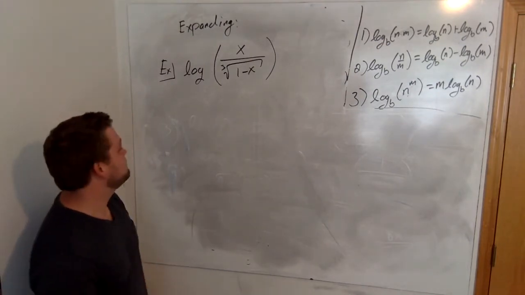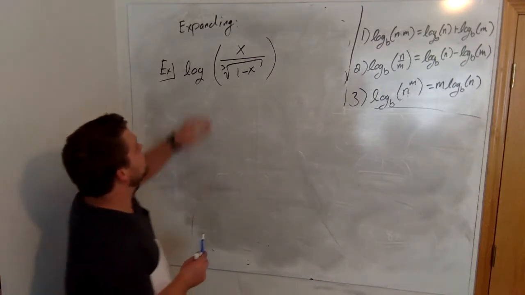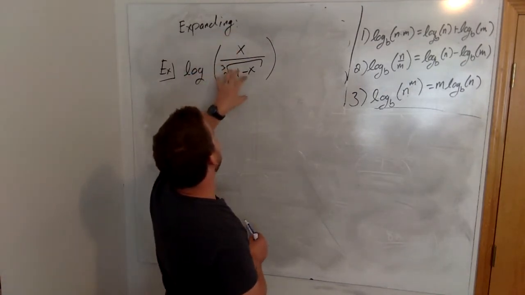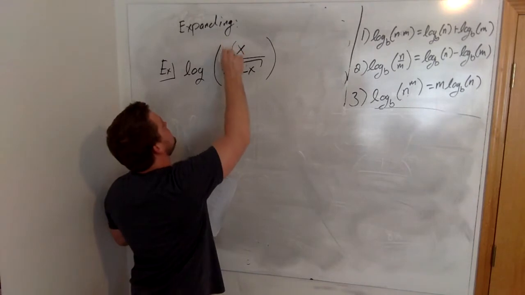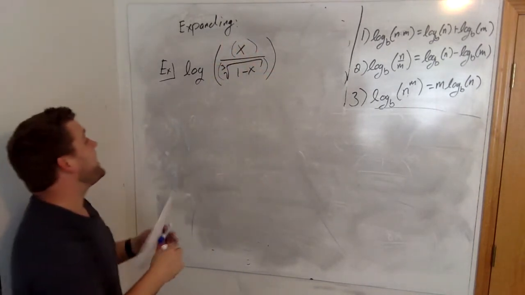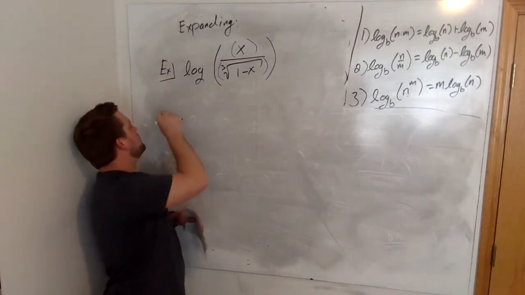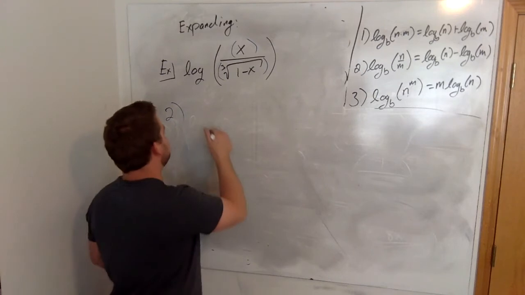Okay, let's do it. The first thing I see here is an x divided by, kind of think that there are parentheses. We have to use log rule 2 first. So using log rule 2 first, this is the same thing as log.